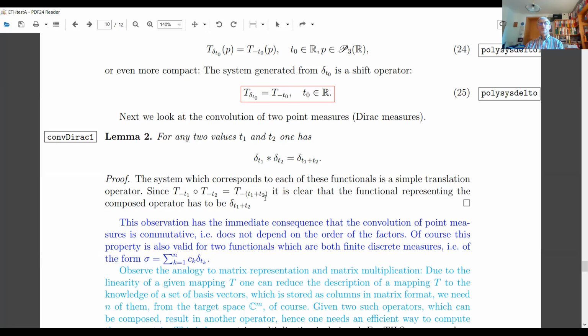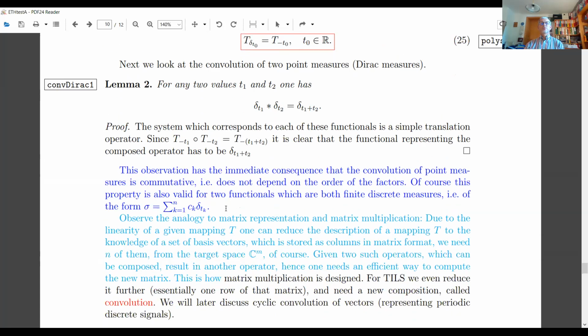And it's clear that the representing functional for this shift by the sum of two values is the same as delta of t1 plus t2. So we have a very simple rule, which will also be very useful and the basis for the understanding of convolution of more general systems, and also the basis for the argument for commutativity.